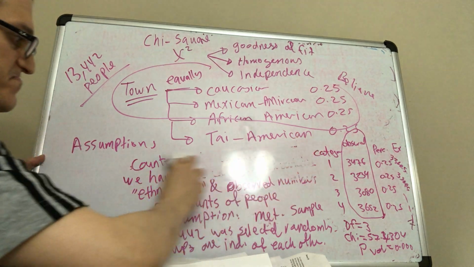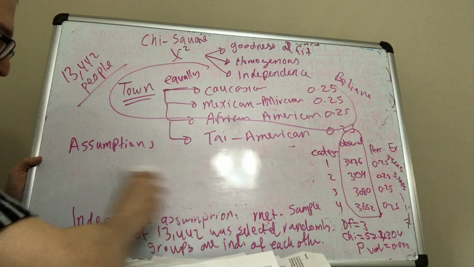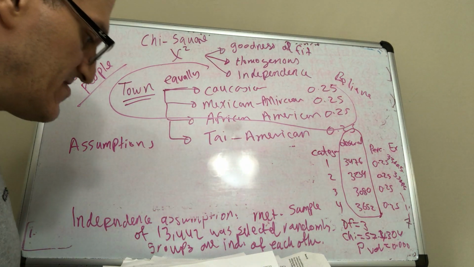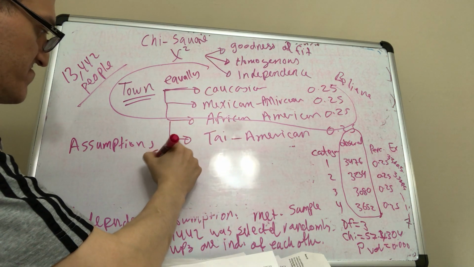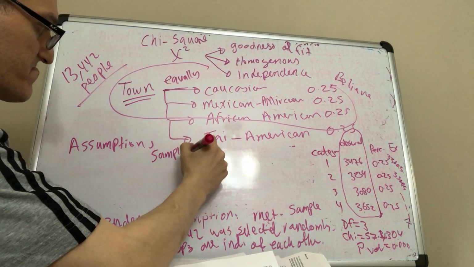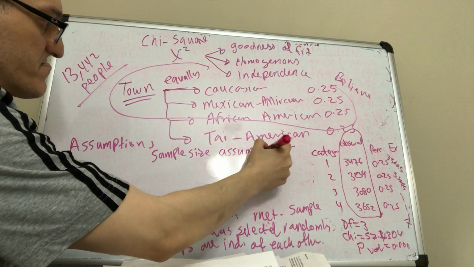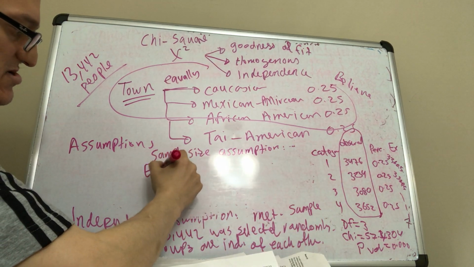One more assumption. And the assumption here is the sample size assumption, also called expected cell frequency.